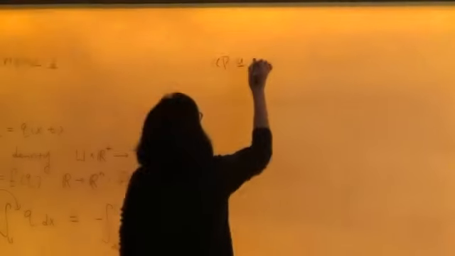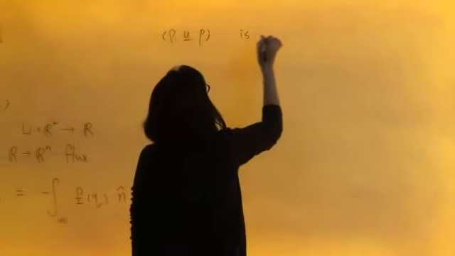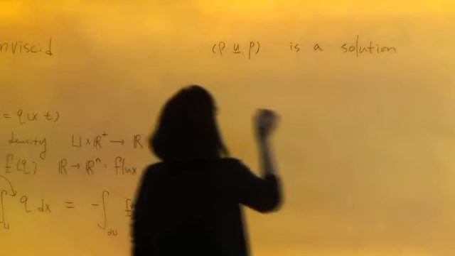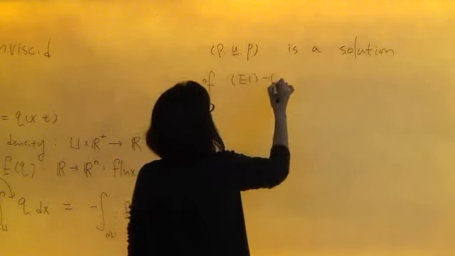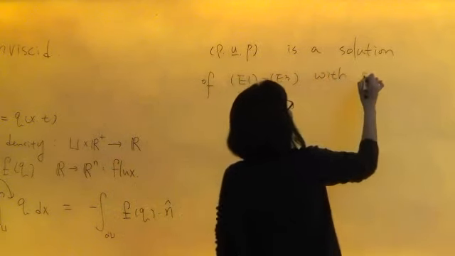Well, here, but I don't want to say shock solution, so I will say the following. The rho, u, and p is a solution of the steady Euler system, E1 to E3, with a discontinuity.